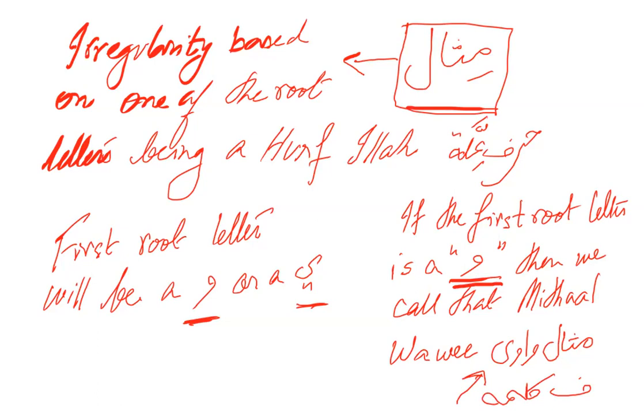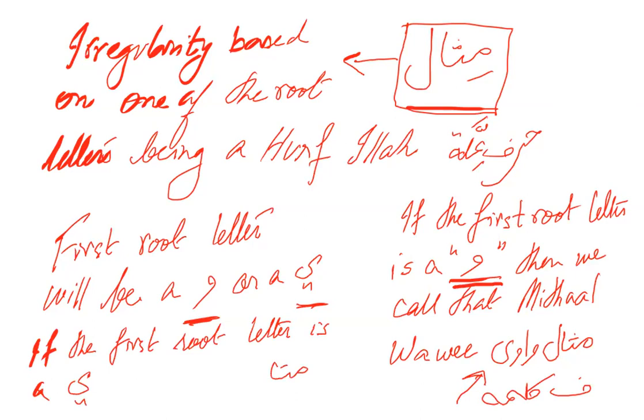Similarly, if the first root letter is a ya, then we call it Mithal Yai. Okay? So Mithal has 2 categories. If the first root letter is waw, then it is Mithal Wawi.